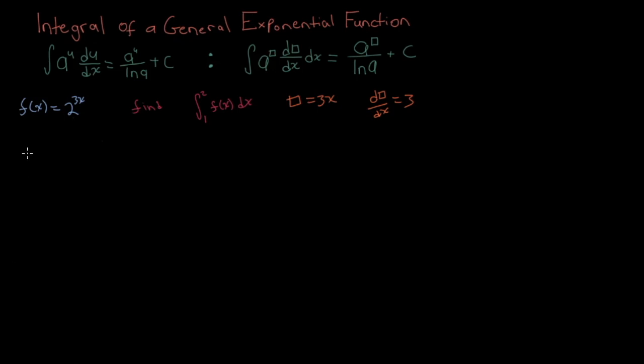Now we're going to manipulate this integral to give us what we want. What it's asking for is the integral from 1 to 2 of 2 to the power of 3x dx. That's what this question is asking for.